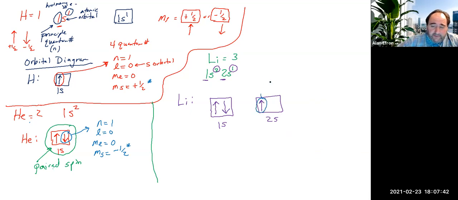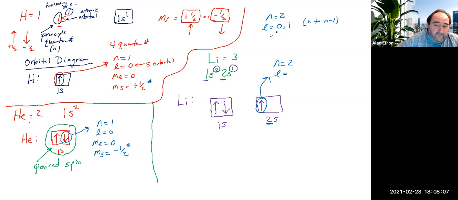In this case, n would equal 2, since it's in this second energy level. For L, a reminder: if n equals 2, possible values of L would be 0 and 1, as we go from 0 to n minus 1. So 2 minus 1 is 1.